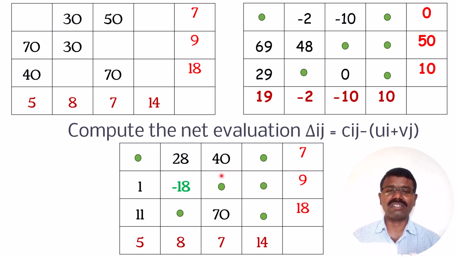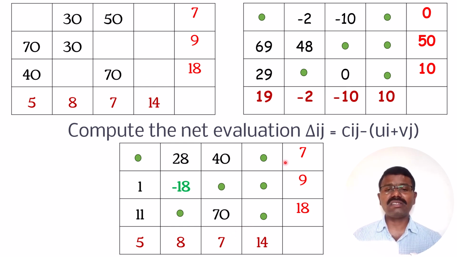This is also 60, sorry. And then 70 minus 69, so it becomes 1. And 30 minus 48, it becomes minus 18. Then these are allocated cells and this is unallocated. This is 40 minus 29, so that is 11. And this is an allocated cell, this is 0, so 70 minus 0, 0.